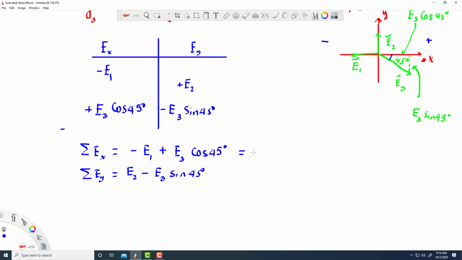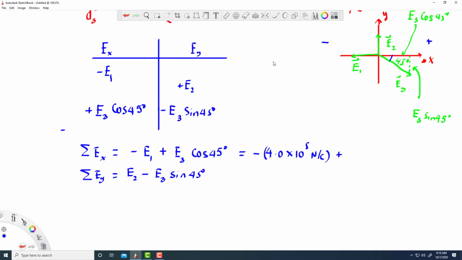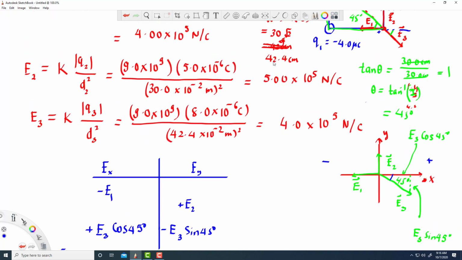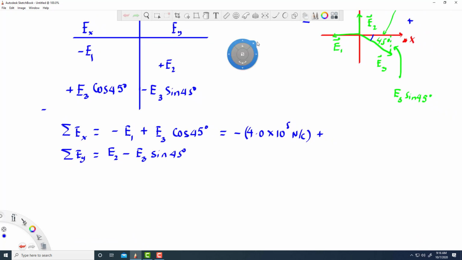What did we get for E1? E1 is 4 times 10 to 5 Newton per Coulomb, plus E3. What did we get for E3? 4, same number. So 4 times 10 to 5 Newton per Coulomb, and we have cosine 45 degrees.